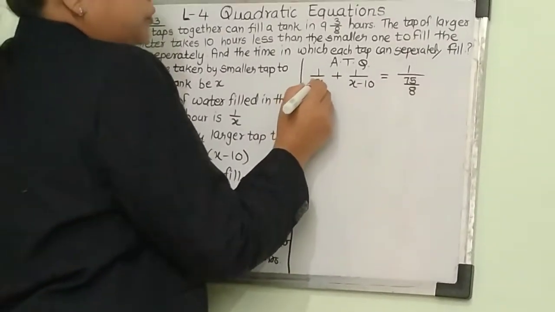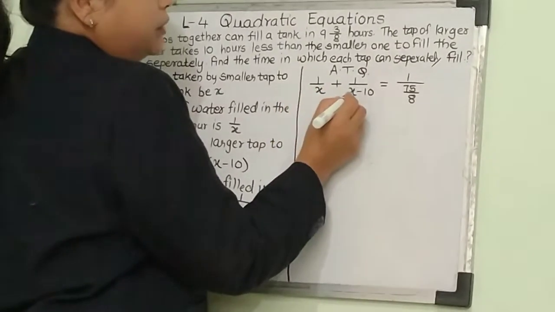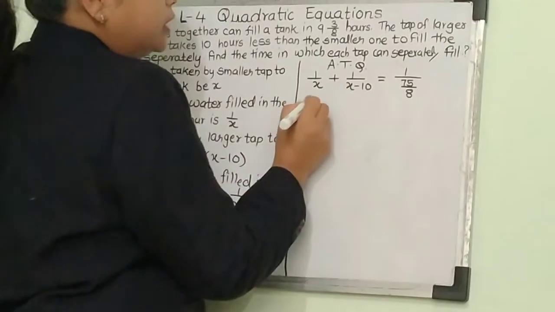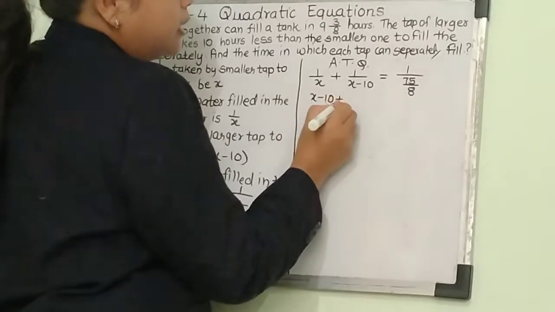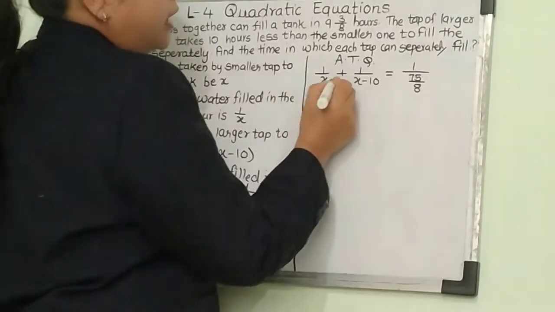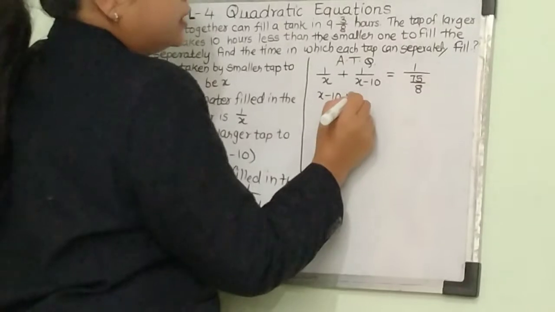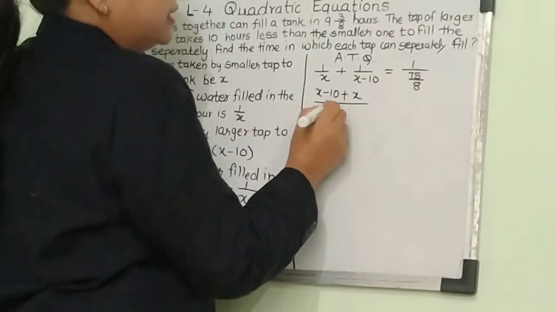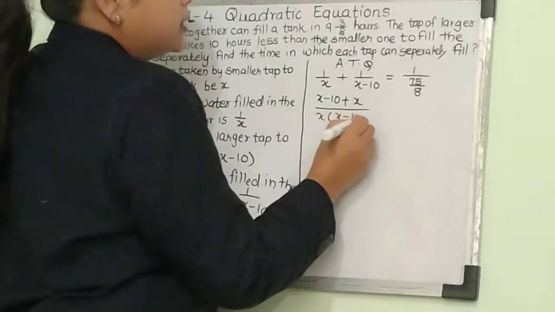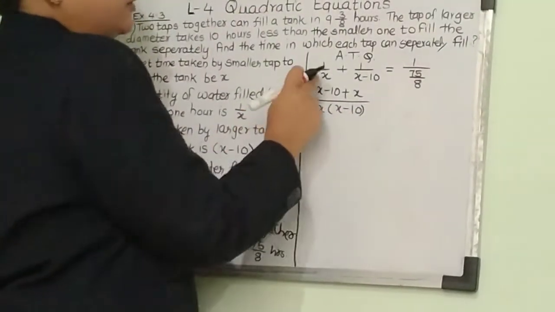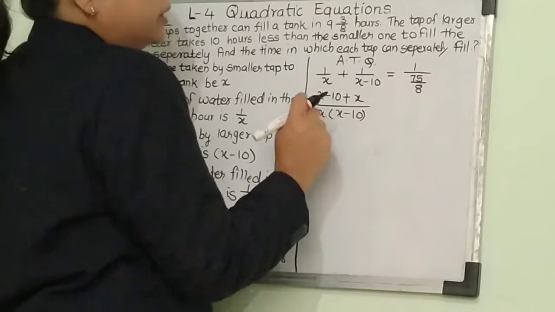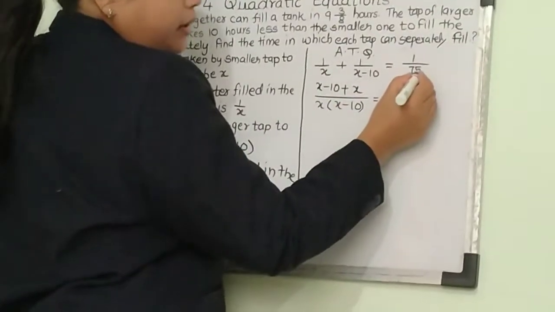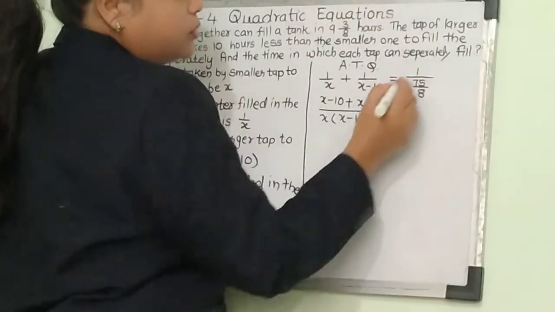Now cross multiplication: we get x into 1, that is x minus 10, plus sign as it is, x into 1, that is x, upon x into bracket x minus 10. We have to multiply both denominators, and the denominator of the denominator goes to the numerator.